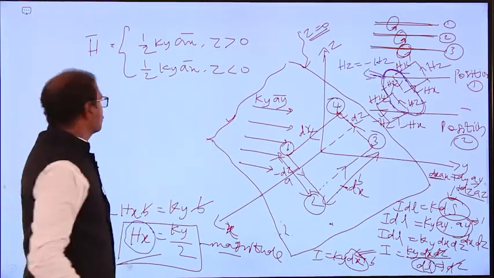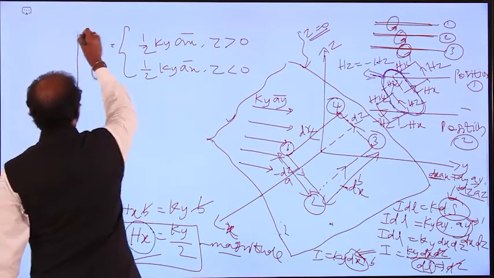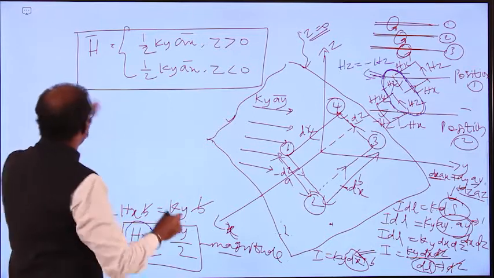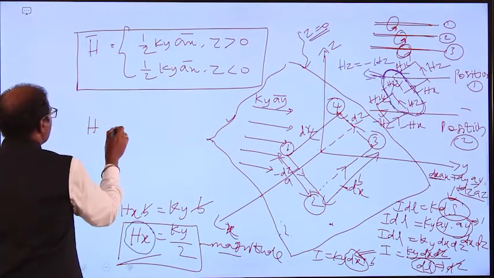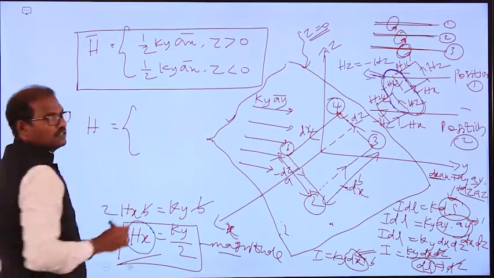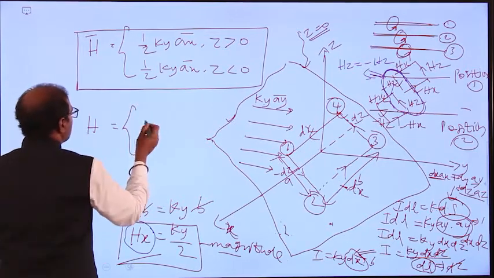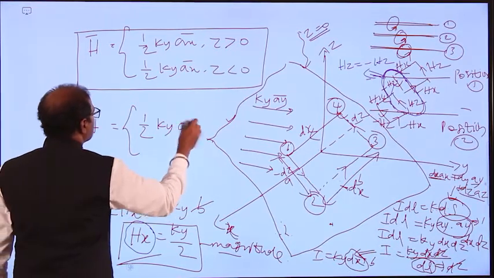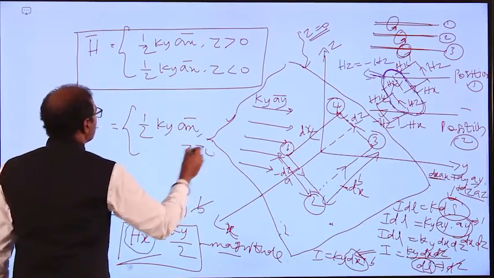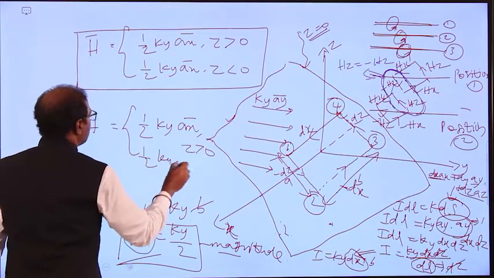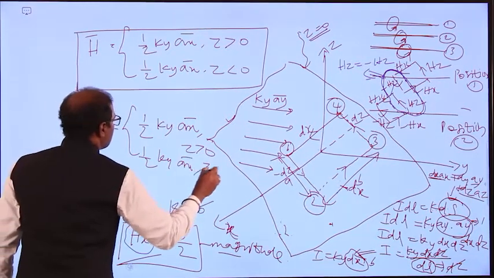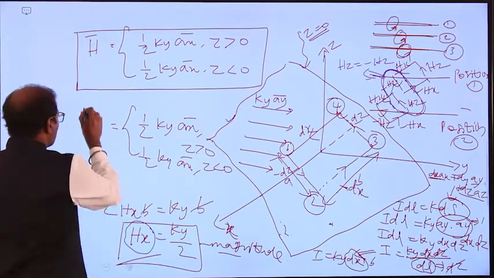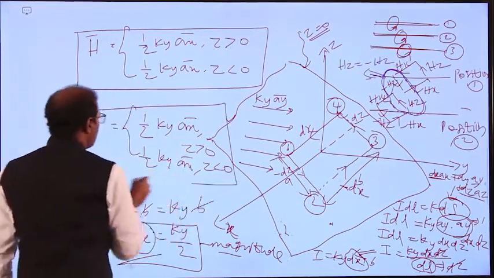This is the magnetic field intensity of the infinite sheet of current. So we can take H equal to 1 by 2 Ky ax for z greater than 0, and 1 by 2 Ky ax for z less than 0.